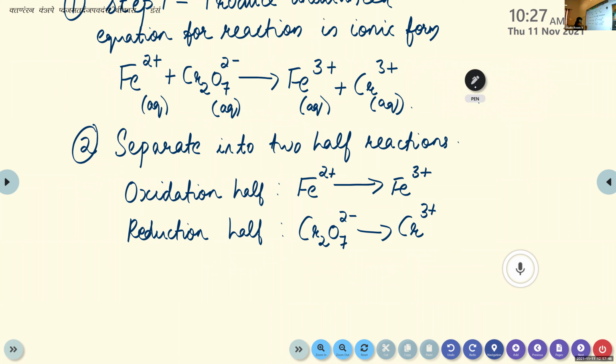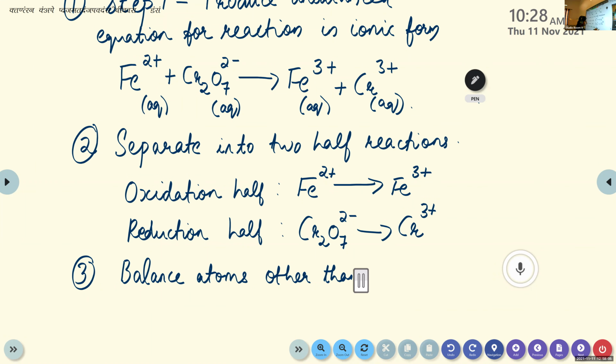Then the third step. In the third step, balance the atoms other than oxygen and hydrogen.